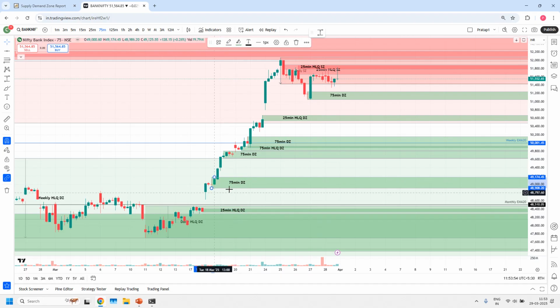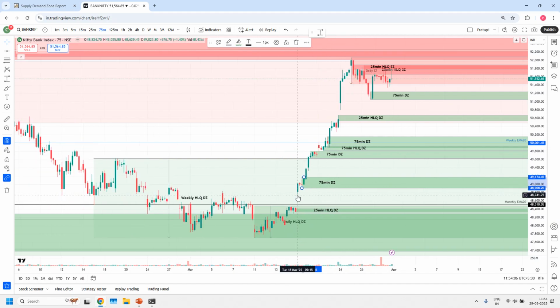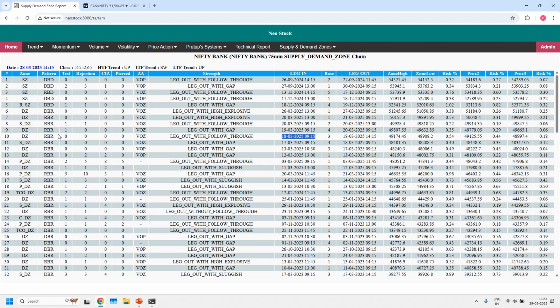It is not a fine-tuned zone, but it is inside the weekly zone. Fine-tuned means the 75 should be inside daily, and both together inside weekly. It has only zone confluence with weekly, but is not fine-tuned. And below is a high liquidity zone.